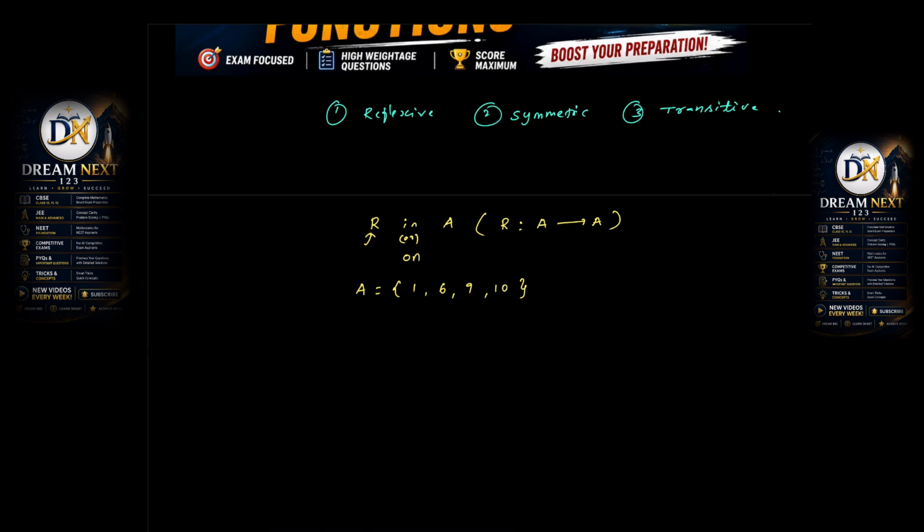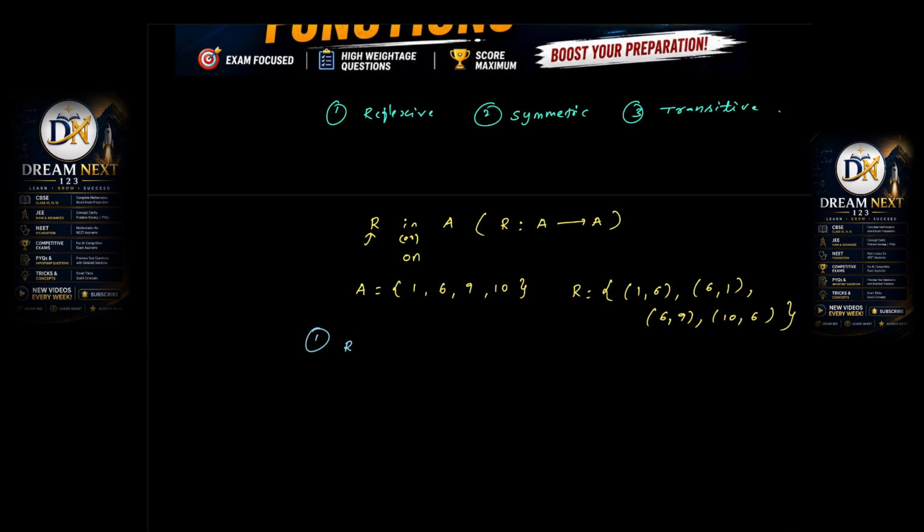I just consider one set A. Let us discuss a relation R. I am just forming one relation like this. Now I am going to discuss what is reflexive, symmetric, transitive.